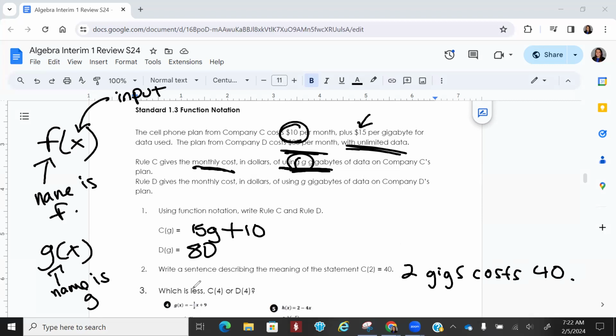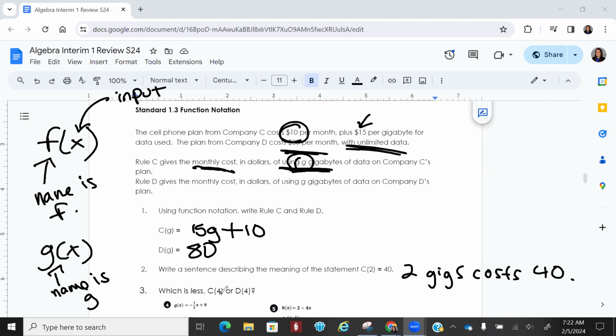So on number 3, it says, which is less, C of 4 or D of 4? How would I go about solving that? Well, they have parentheses in here, and that represents our X, right?